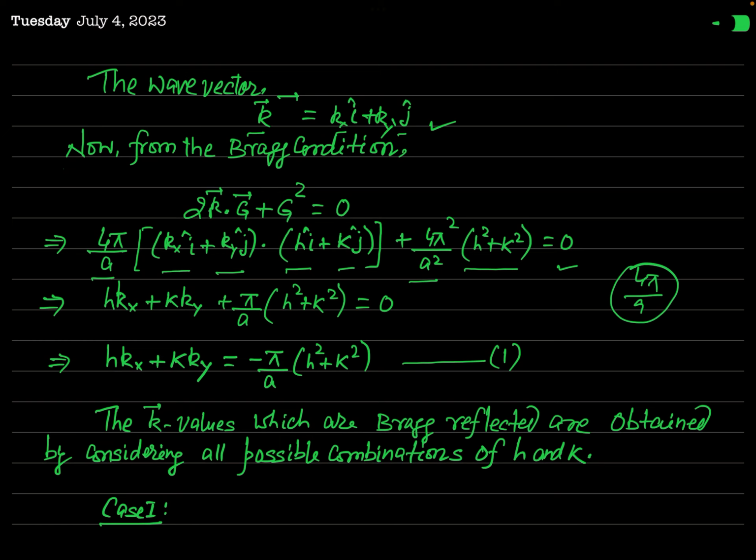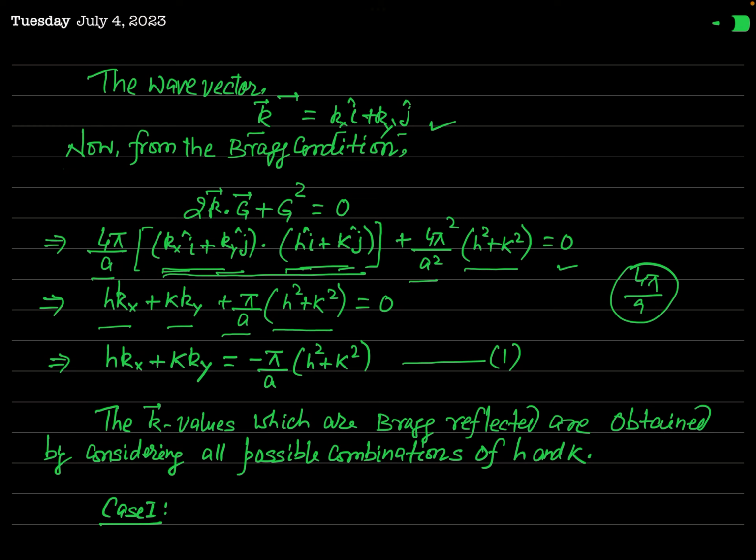Let us find the scalar product of these two vectors. This is just a simple calculation. The scalar product of these two vectors will be H kappa x plus K kappa y, and after taking this 4 pi as a common factor, the remaining term is pi over a times H square plus K square, and that is equal to 0.